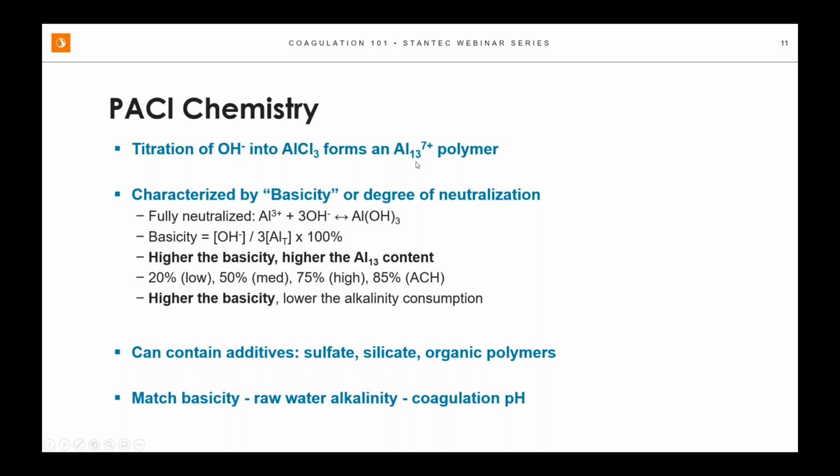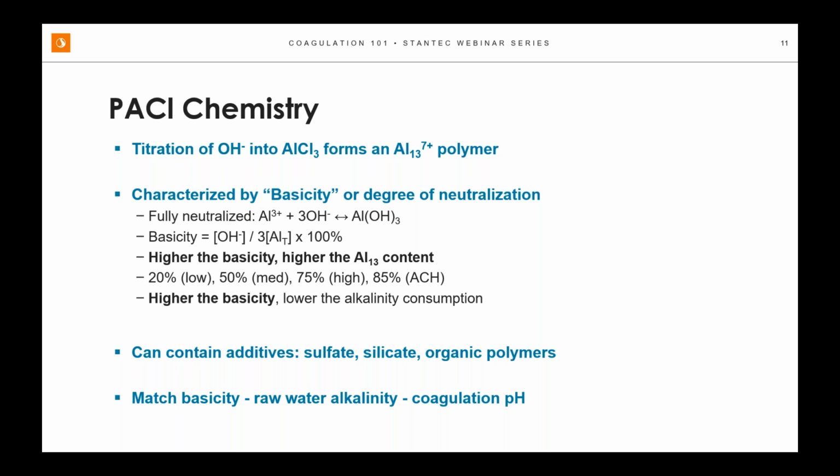It's called pre-hydrolyzed because you're taking aluminum and adding it with caustic right in the reaction. If you imagine that every mole of aluminum has 3 moles of hydroxide, this would be fully neutralized, or 100% basic. So this is the terminology you'll see in these polyaluminum chlorides.